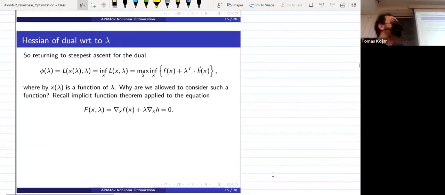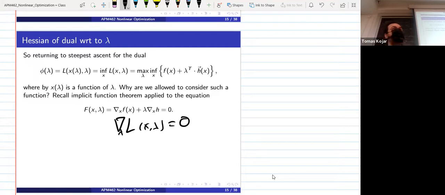So here's how you do it. Remember, the way you get your solution is you set your Lagrangian's gradient equal to 0, right? This is the gradient of L of x lambda equals 0. And if you remember, this gives you a system of equations, okay?